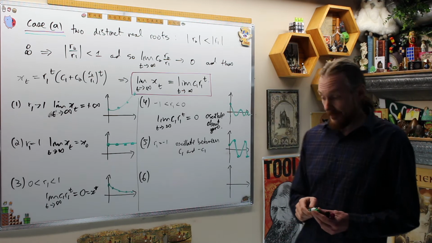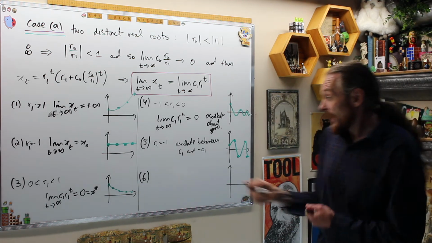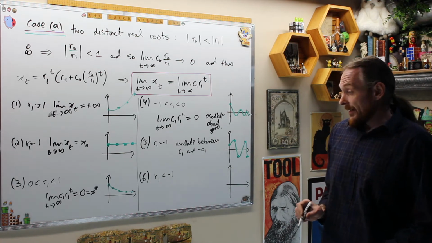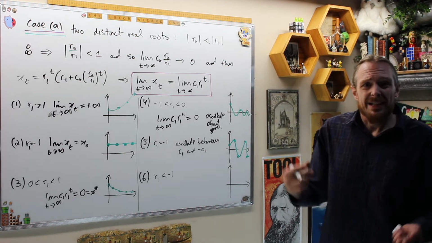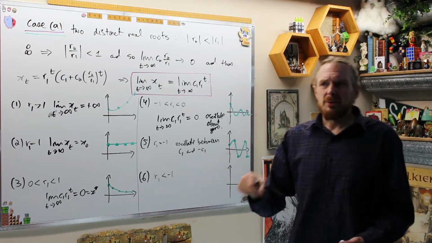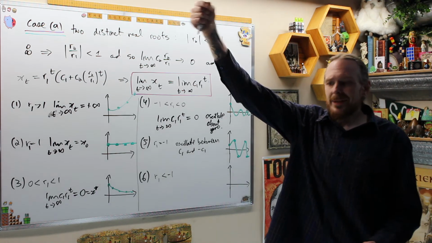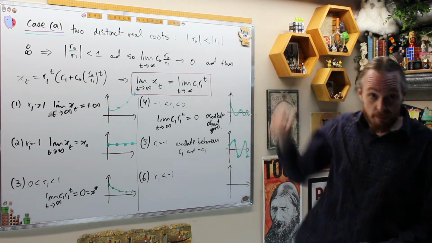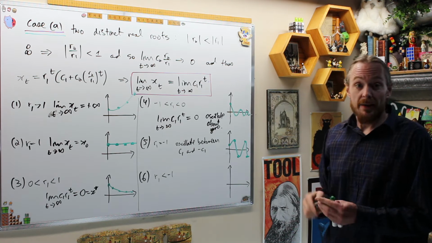And in the last scenario, if r1 is strictly less than negative 1, what we're going to get is that it's going to grow to infinity, but it's going to oscillate in between values. Think about negative 2. Negative 2 squared is 4. But then negative 2 cubed is negative 8, and then 16, and then negative 32, and it's going to get bigger and bigger, but flip back and forth on either side of 0.